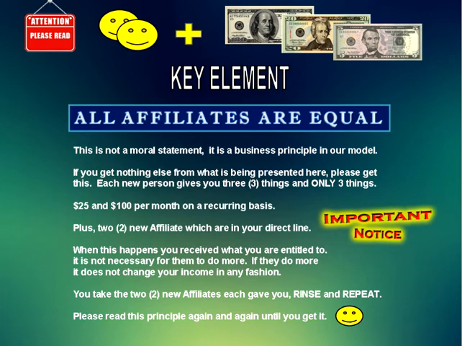Everyone that joins your direct line is going to give you $125, regardless of their skill, regardless of how great they are, regardless of how weak they are. They're going to give you the exact same thing: $125 and 2 new affiliates. You take those 2 new affiliates and you do the same. That's the key. If you don't understand this, please go over it again.